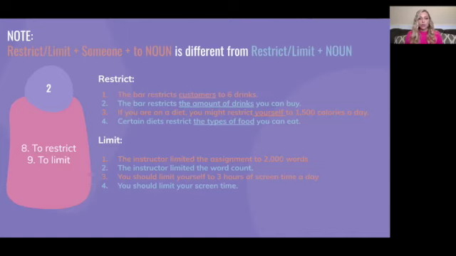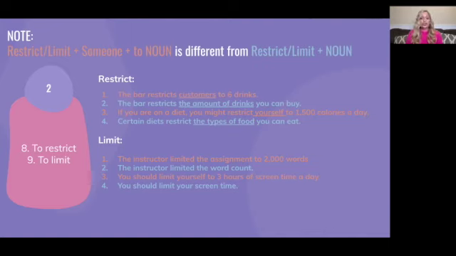So the blue ones are using the verb plus a direct object, just whatever is being restricted right after it. Whereas the pink one, you're restricting someone to something. Same goes with limit. The instructor limited the assignment to 2,000 words, whereas the instructor limited the word count. Number 3, you should limit yourself to 3 hours of screen time a day.